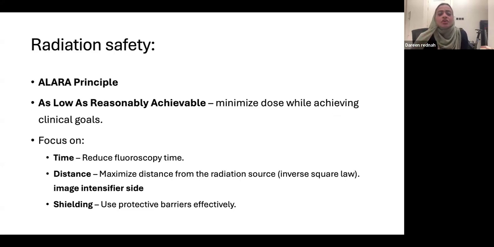We have something called the ALARA principle, as low as reasonably achievable: minimize dose while achieving clinical goals. It focuses on three points. The first one, time: reduce the fluoroscopy time. Then distance: minimize the distance from the radiation source and use the image intensifier side. Shielding: use a protective barrier.